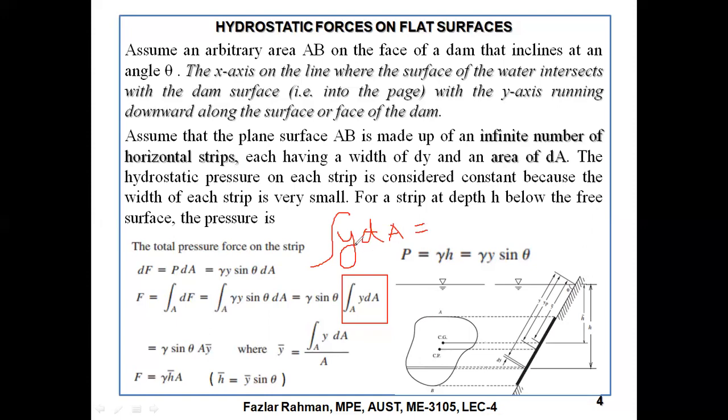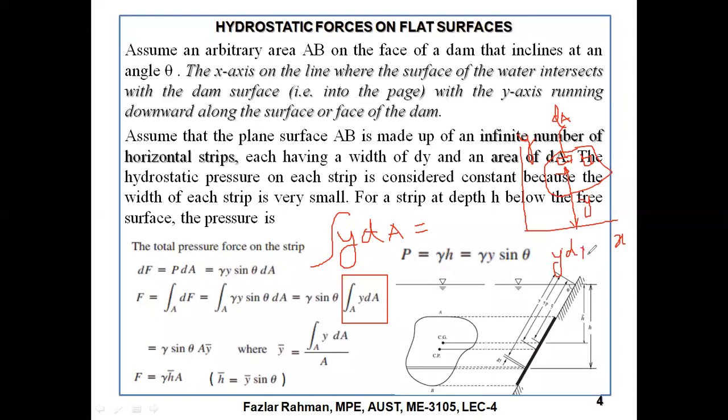It is the summation of y times area. For example, this is my x-axis, this is my y-axis, and I have some area here. If I make a small segment with area dA, I multiply it by its CG, which is y, because the axis is the y-axis.